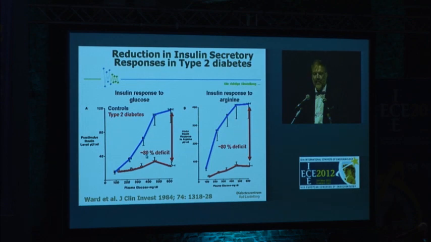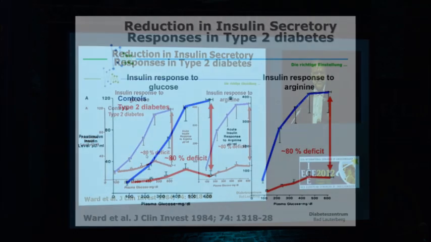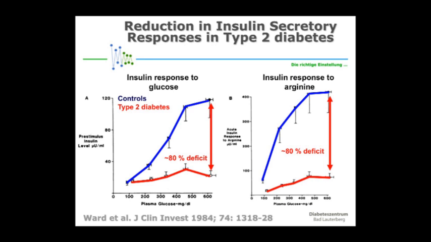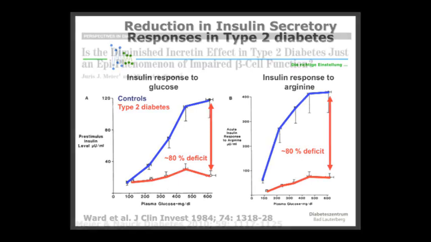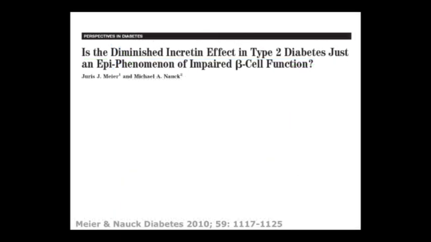And here you have an 80% deficit. So that's quite close. And so our suggestion is that what we see in terms of reduced responsiveness to GIP in patients with type 2 diabetes reflects the number and function of beta cells and probably is not specific to the GIP receptor.